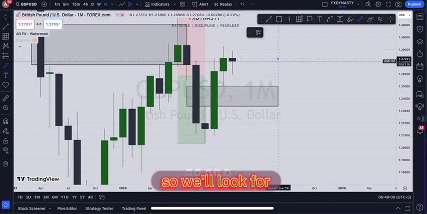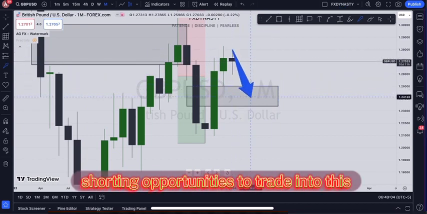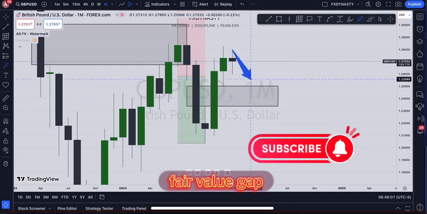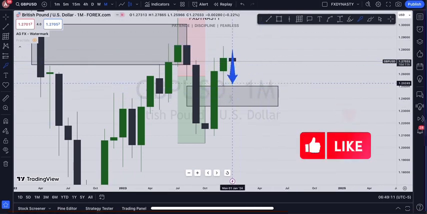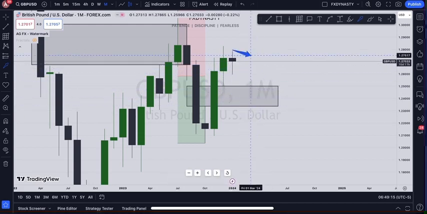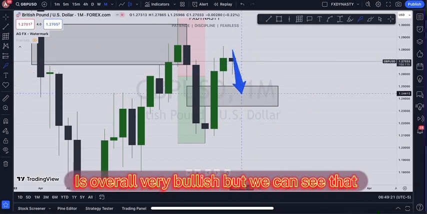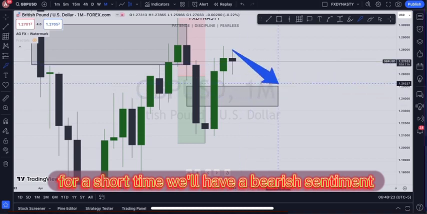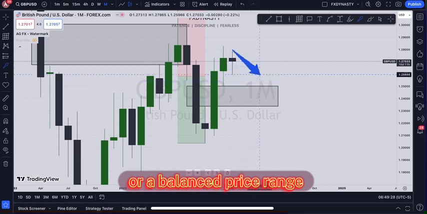So we'll look for short-term opportunities to trade into this fair value gap before we think of going bullish. But for now, GBPUSD, the monthly time frame is overall very bullish, but we can see that for a short time we'll have a bearish sentiment because we have a fair value gap or a balanced price range.